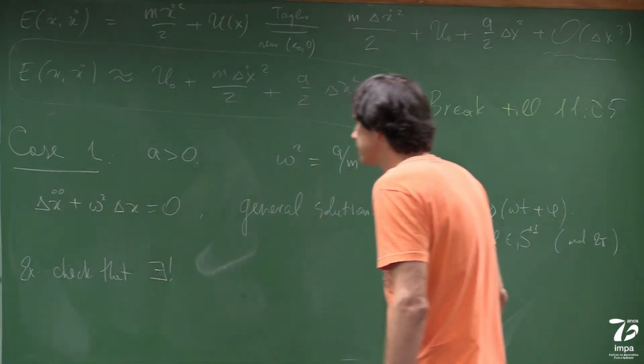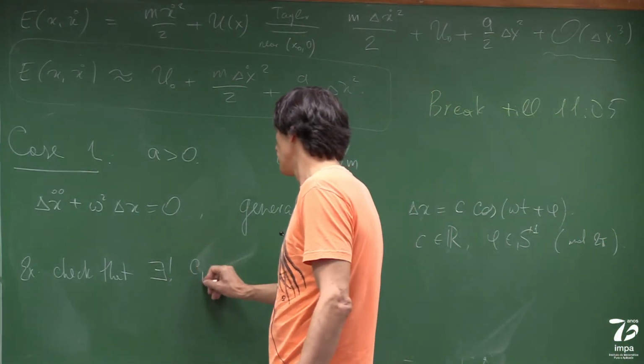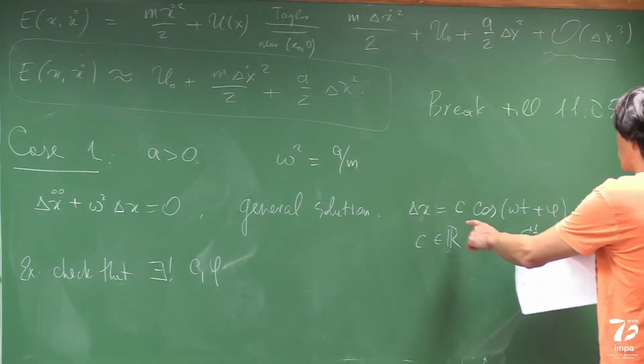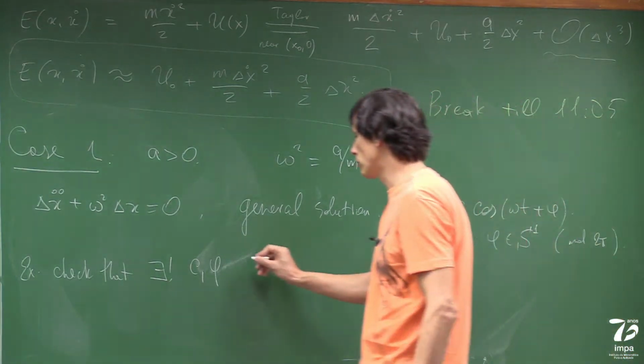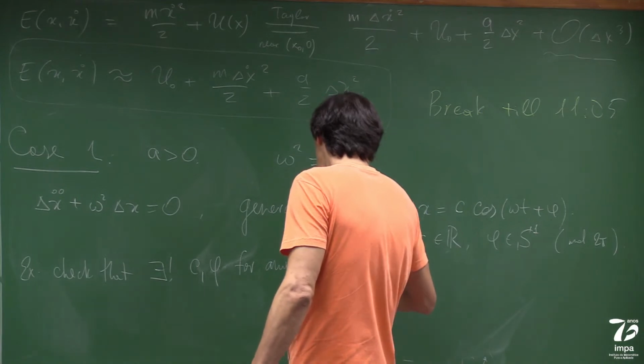there exist unique constants. There are two constants, and they are uniquely defined for any given initial condition.